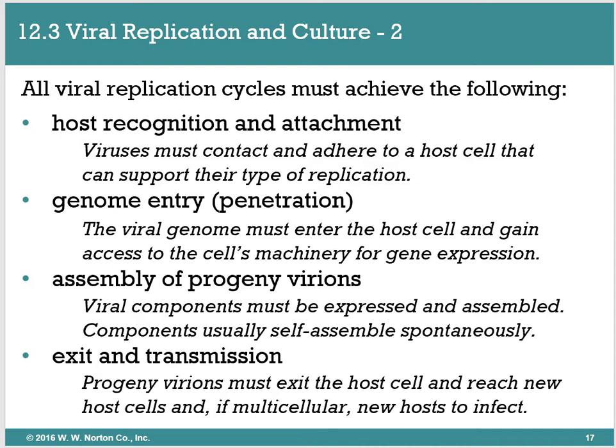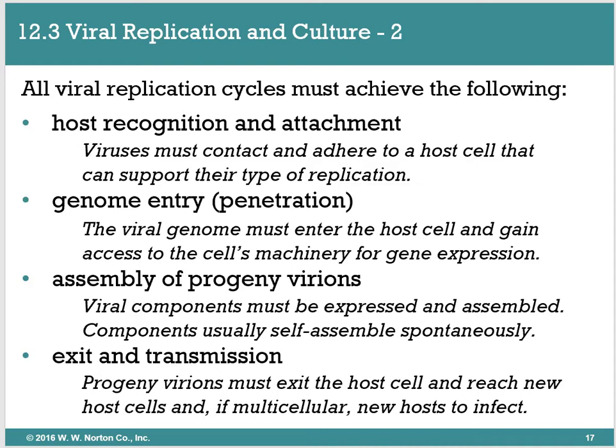So a general viral replication cycle has to go through these 4 stages. The first one is that the host has to recognize that it's a virus, and the virus has to be able to attach and adhere to the host cell. And then once it adheres to the host cell, what can happen is genomic penetration.